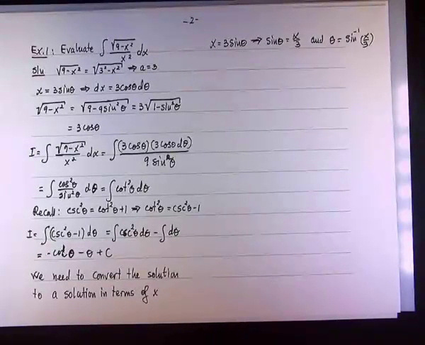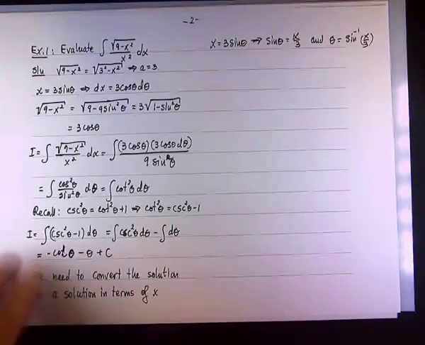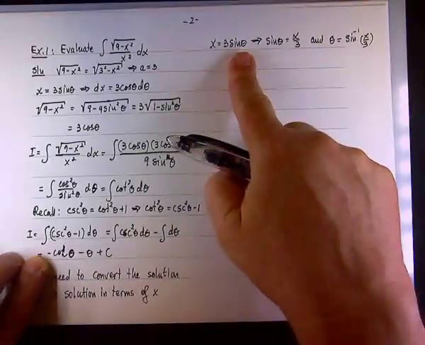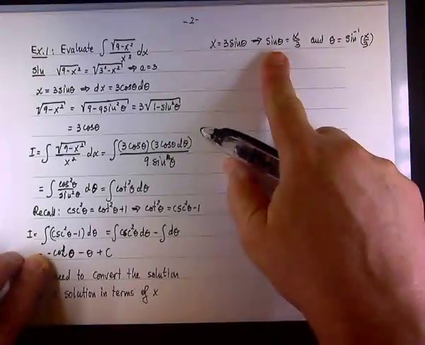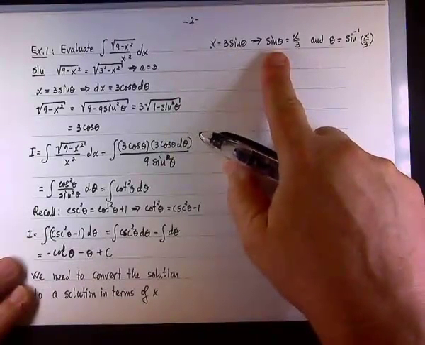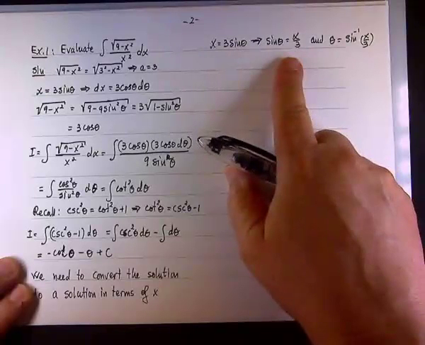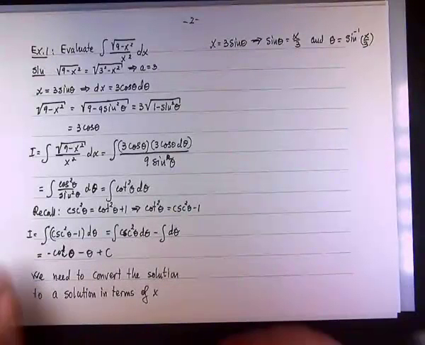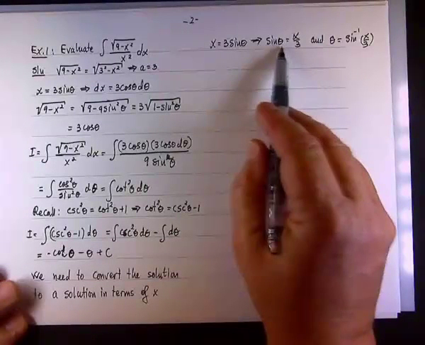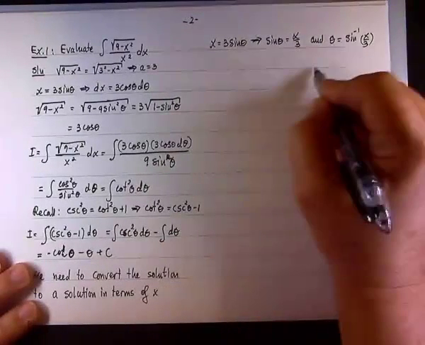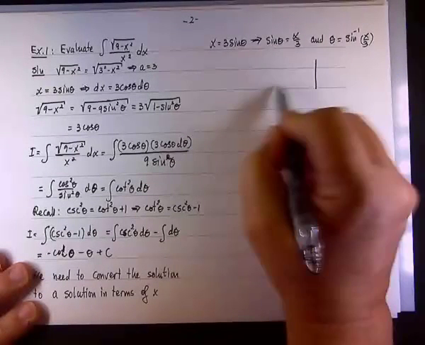What about the cotangent or the negative cotangent? Here we have two possibilities. One possibility is to use all kinds of trigonometric identities to express the cotangent in terms of the sine, or in terms of x. If I can express the cotangent in terms of sine, then the sine being x over 3, I can substitute. It's a workable solution. It's not that hard, actually, but it's a little bit on the messy side.